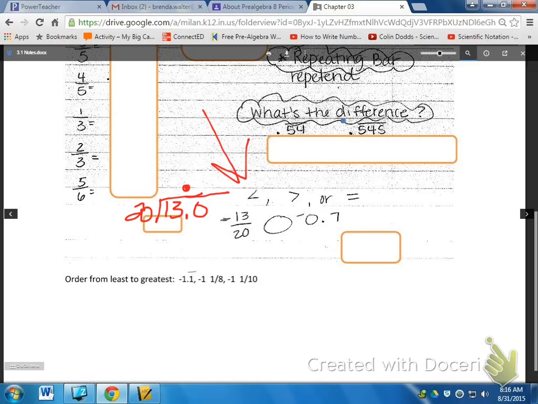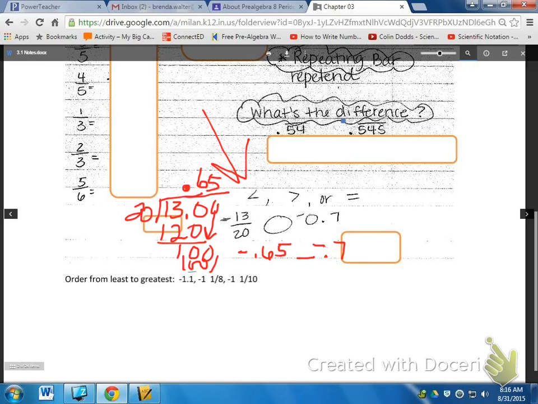And 20 goes into 13 6 times, with 10 left over. When you add that 0, it's 5, which is exactly 100. So negative 0.65 compared to negative 0.7.